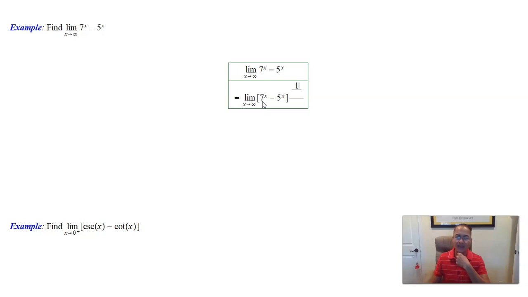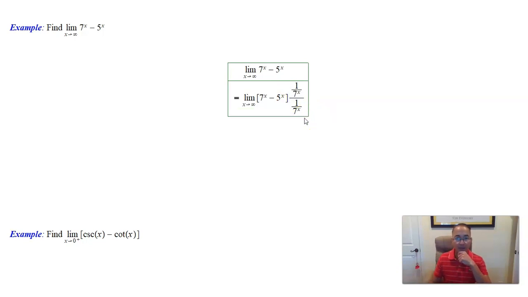So word of advice, if you can work with 0 instead of infinity, I would go for the 0. It's easier to understand 0 than infinity. So it looks like the winner is going to be 7 to the x. So multiply and divide by 1 over 7 to the x.